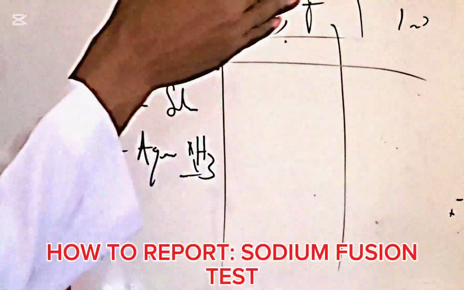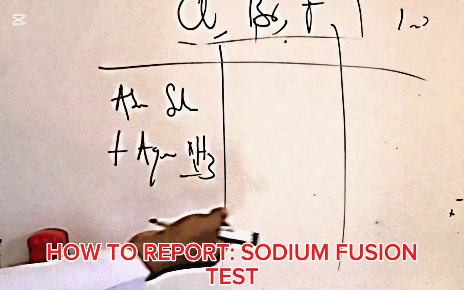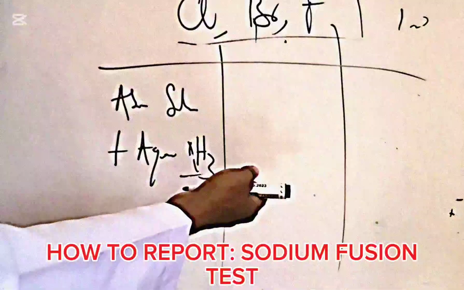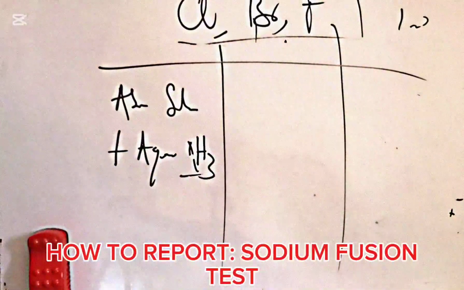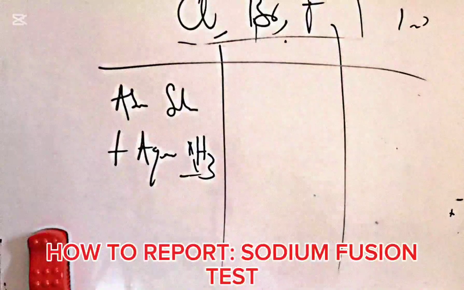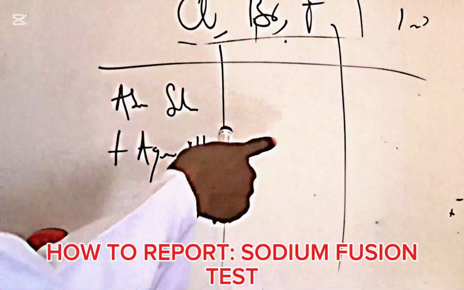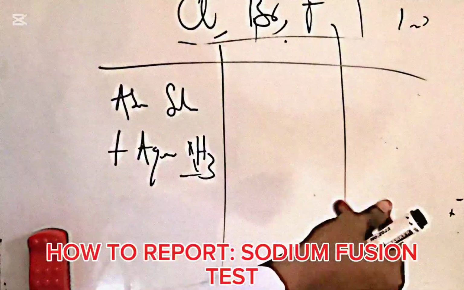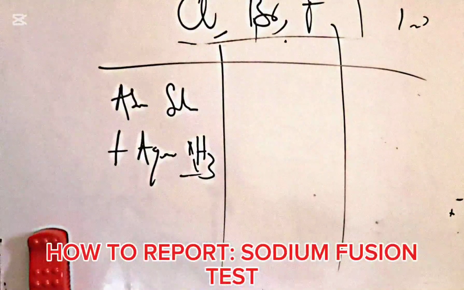All right, if you go through your manual, you even get to see that these things are there. For example, the chloride ion forms white precipitate, which we've said, and it is readily soluble in aqueous ammonia. If, for example, you reported chloride ion and you added this and the precipitate dissolved, that means it's soluble.